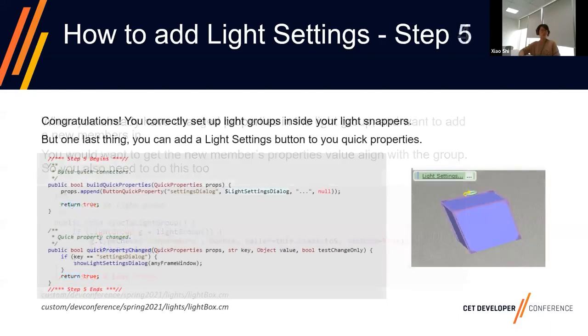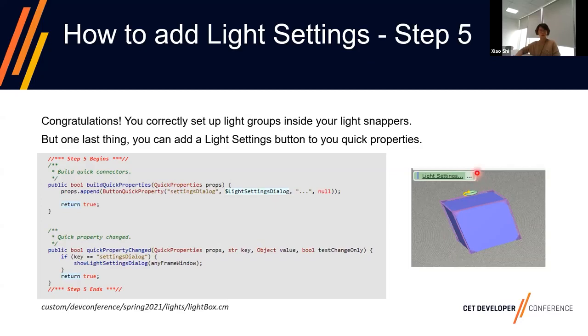But there's one more simple thing that you can do, not that you have to, but it's a simple way to have this light settings pop up built into your quick property. I think this one might be more familiar to you.